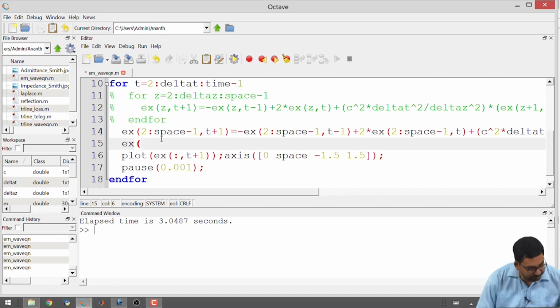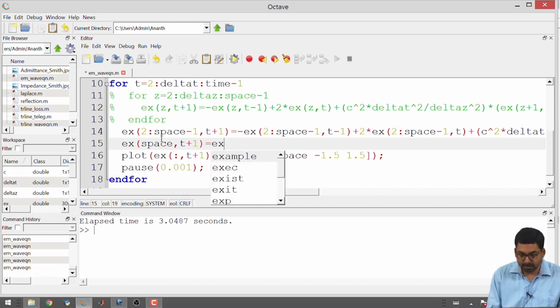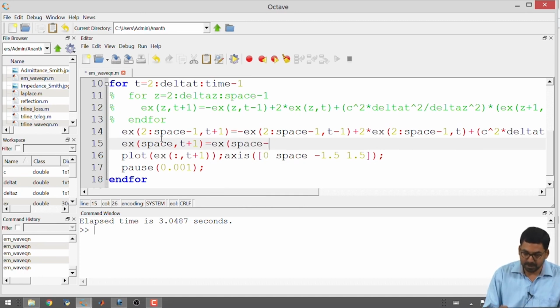Ex at the position in space, which is here equal to 30, corresponds to the right hand side edge, at some instant t plus 1. So, the loop is in t and I am trying to update what is happening at t plus 1, is equal to Ex at the position before that, at the previous instant of time.